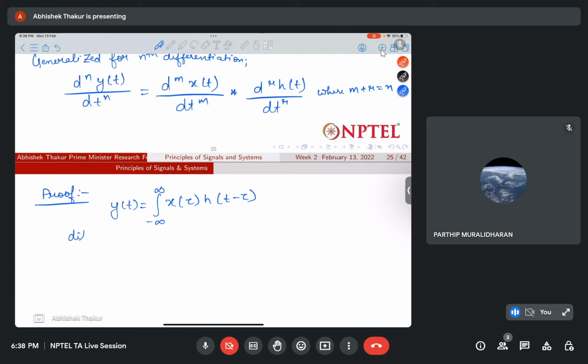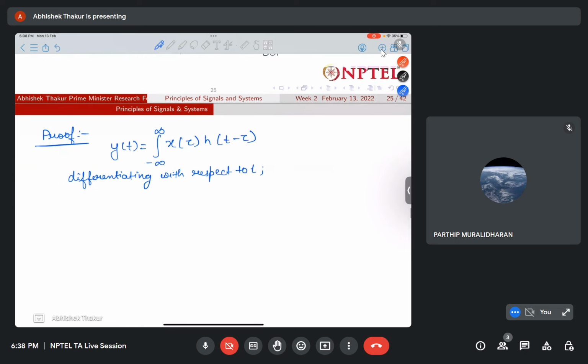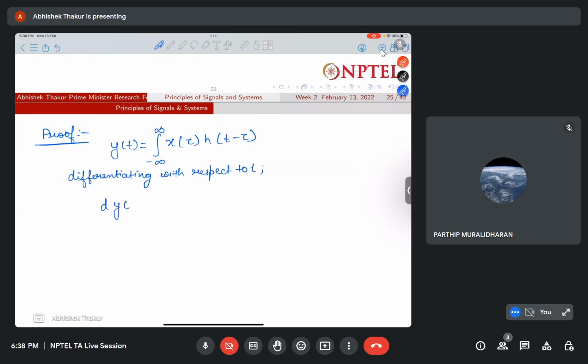So differentiating with respect to t, what we will get? dy(t)/dt is equal to integral from minus infinity to infinity of x(tau). See, tau is independent of t, so differentiation will happen at the h(t minus tau) only.